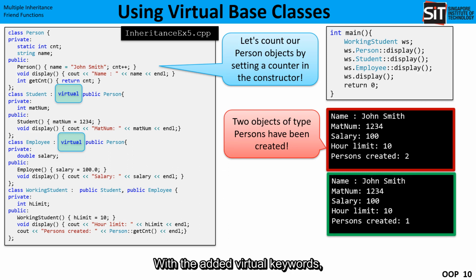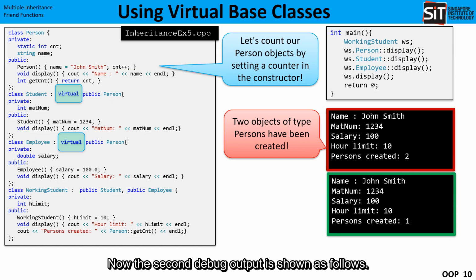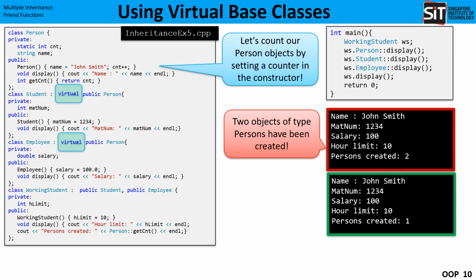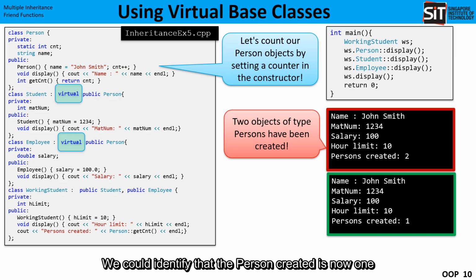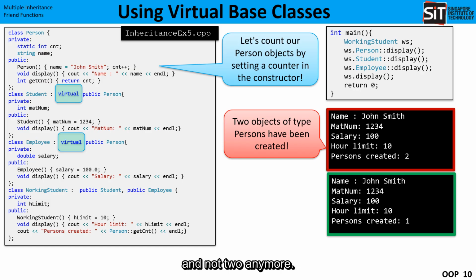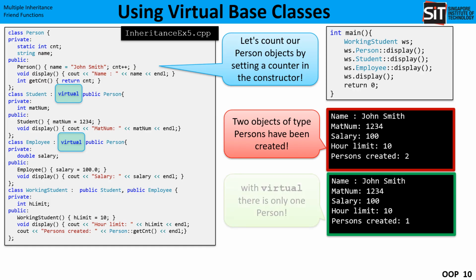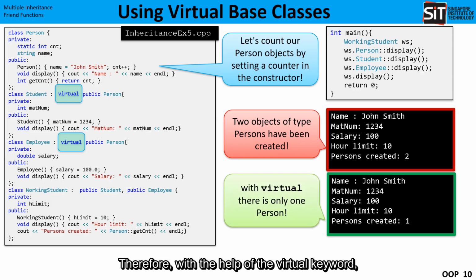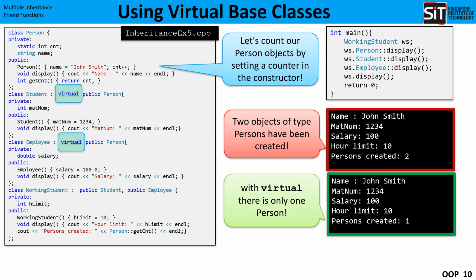With the added virtual keywords, we execute the same main function again. Now the second debug output is shown as follows. We can identify that the person count is now 1 and not 2 anymore. Therefore, with the help of the virtual keyword, there is only one person.